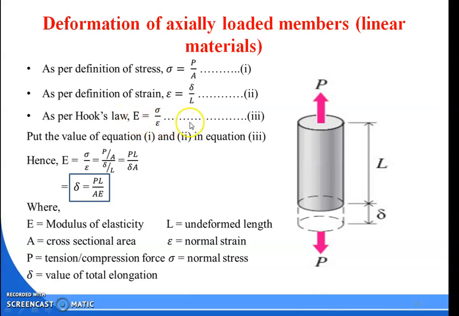Now put equation 1 and equation 2 into equation 3: in place of sigma put P by A, and in the strain put delta by L. By deriving this, we get delta equals PL by AE.